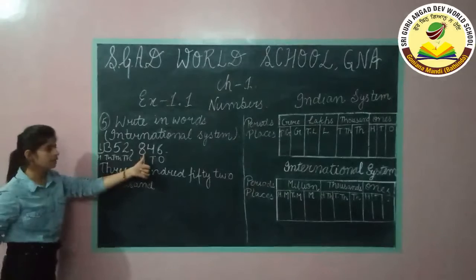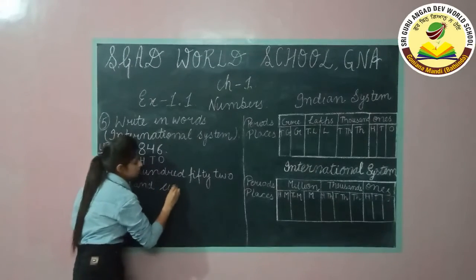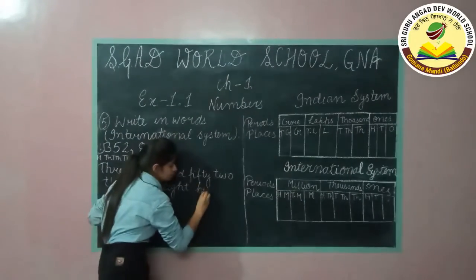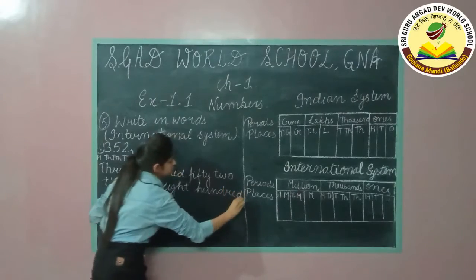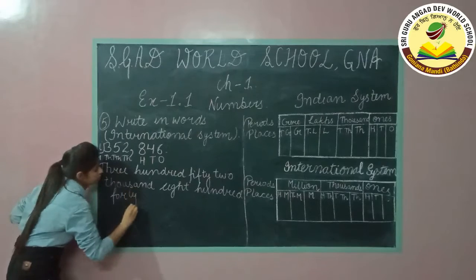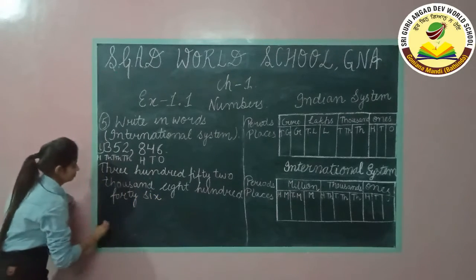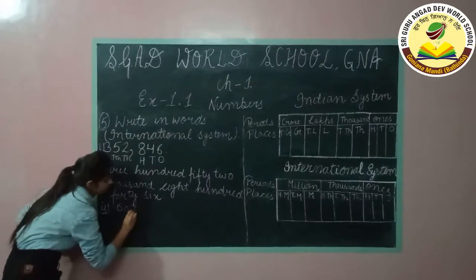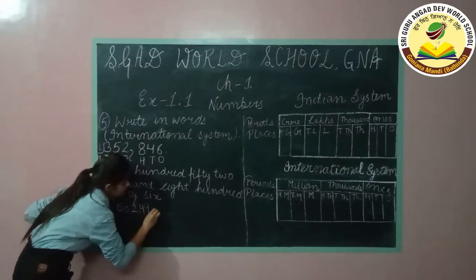Ones period, 846. We write it 846. Then 4, 9, 0.